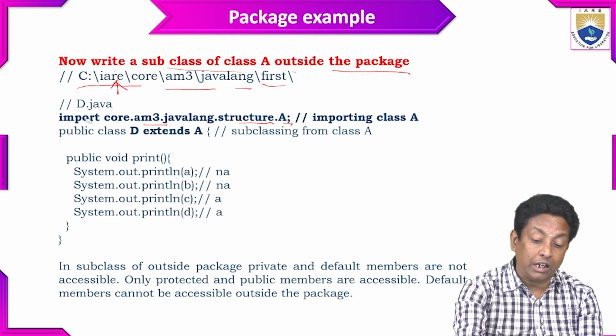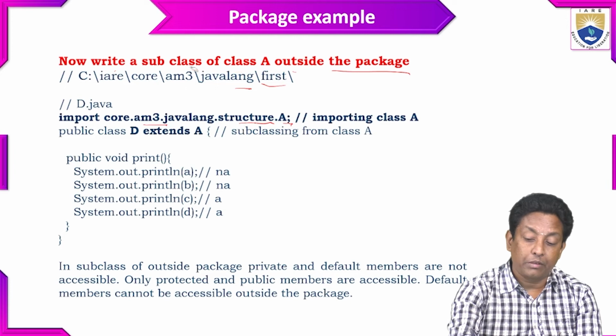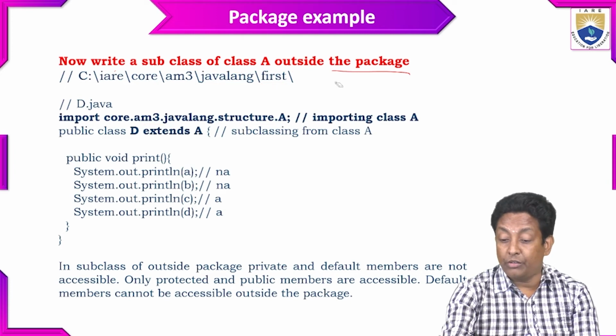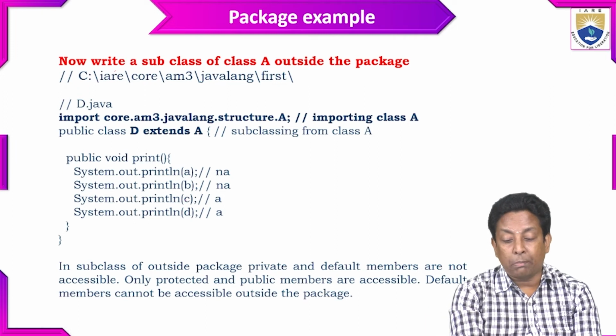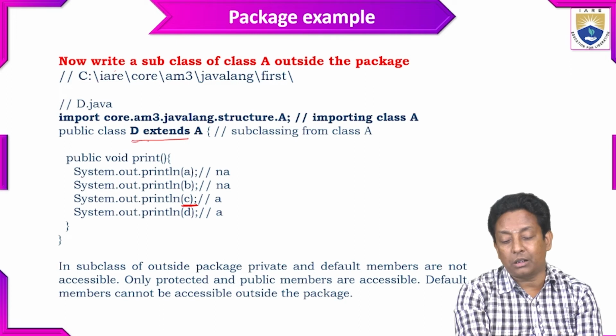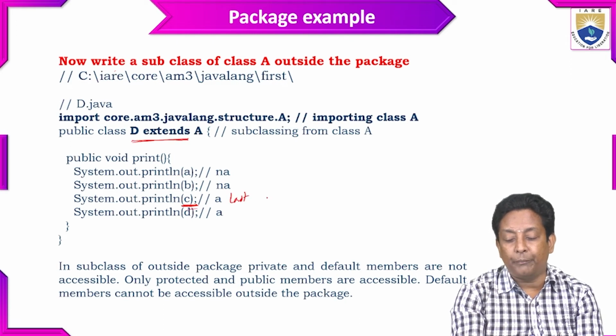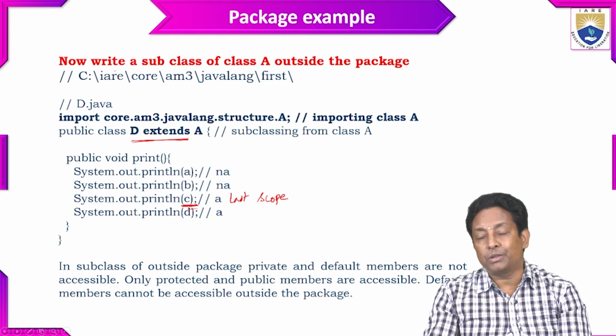Default members cannot come. There is a restriction. But protected and public members can come. Especially, one more important point we should notice here is that a protected member can come only up to a subclass outside the package. Protected members' last scope is this scope. Up to how many scopes are completed?